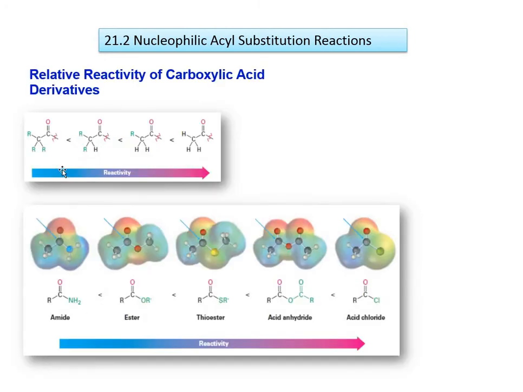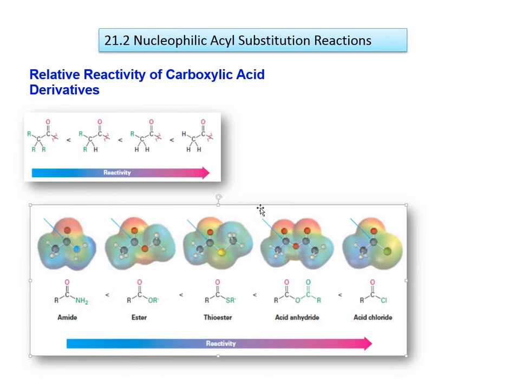What kind of factors affect the rate of nucleophilic acyl substitution reaction? The first one is steric factors. You remember that from nucleophilic substitution reactions, when we have a substrate sterically crowded, the incoming nucleophile will not be able to approach.